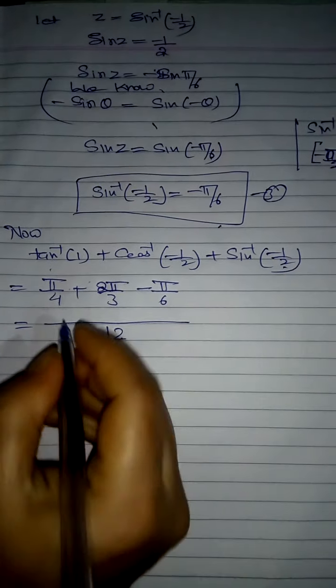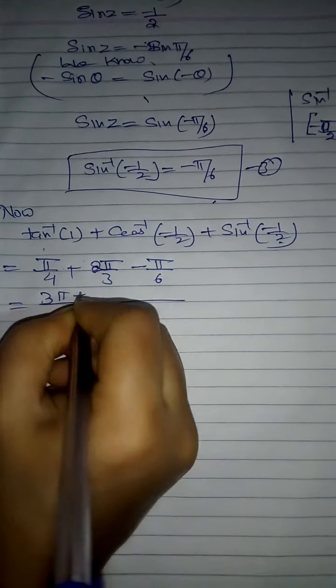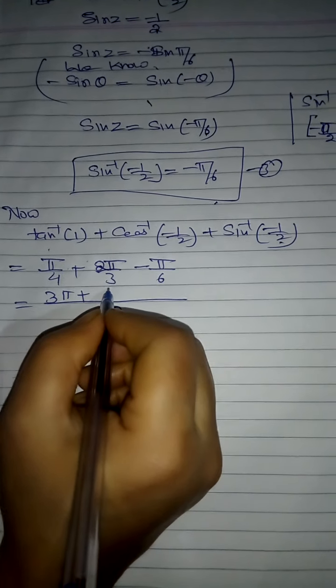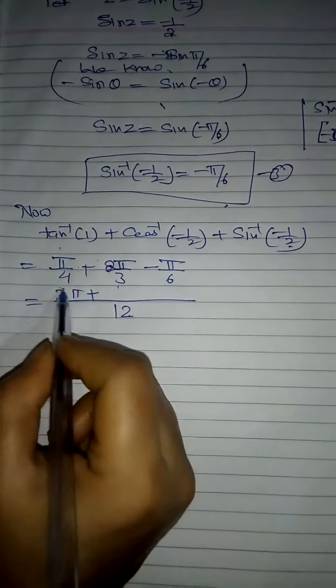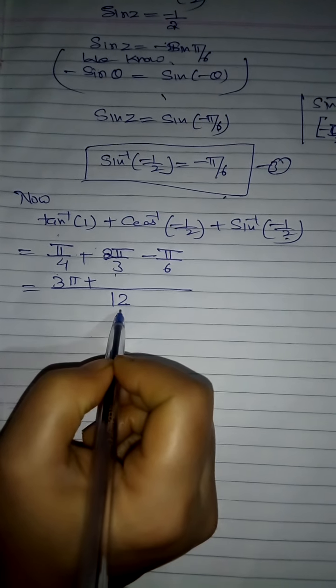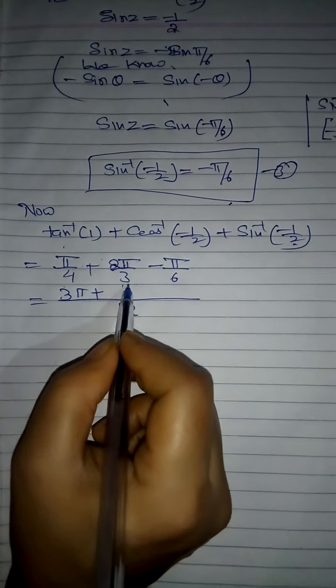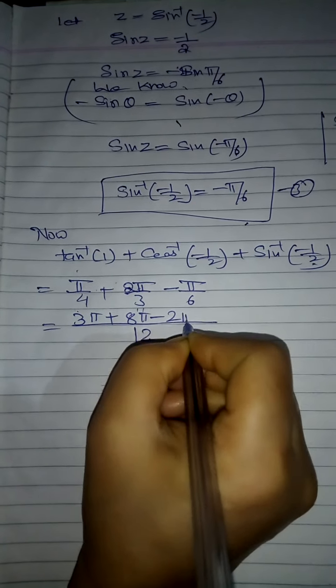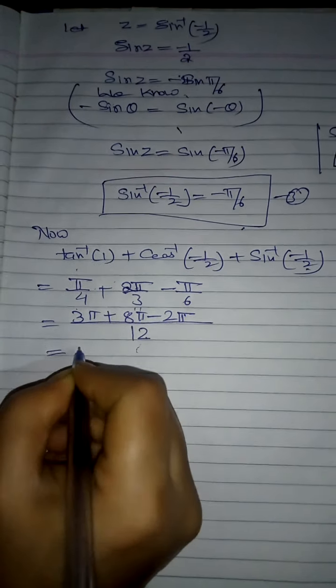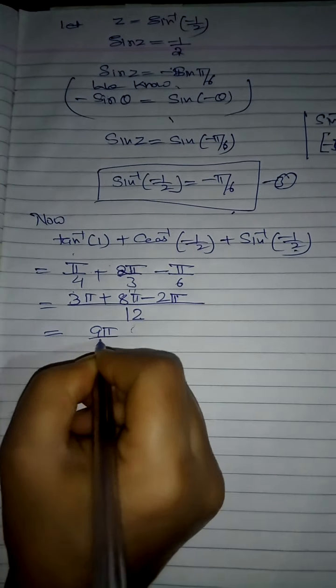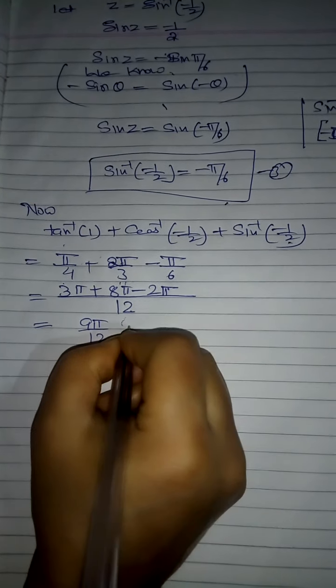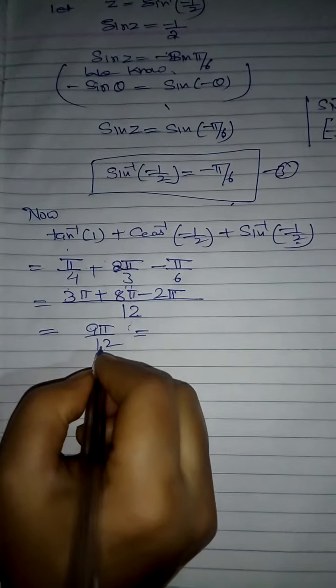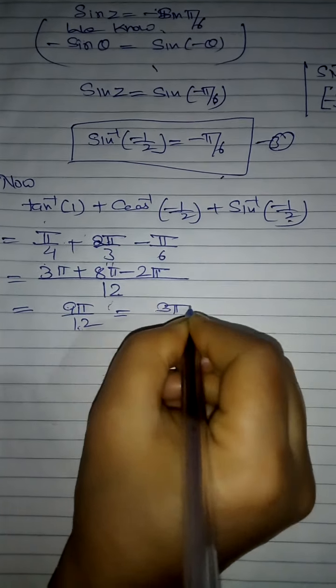Now solve it. 3 pi plus 8 pi minus 2 pi. So what is coming here? 9 pi by 12, which after solving is 3 pi by 4.